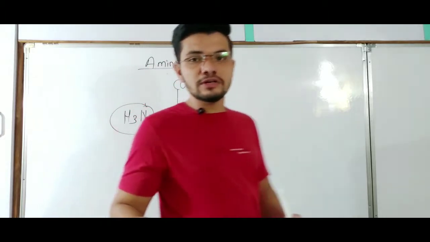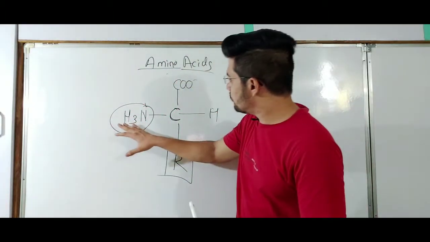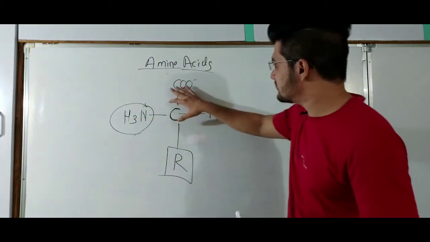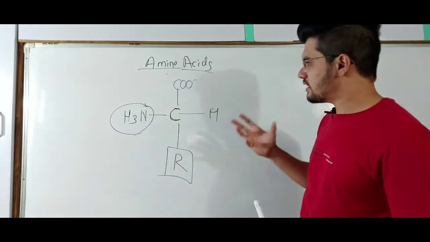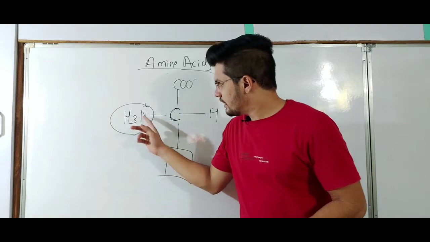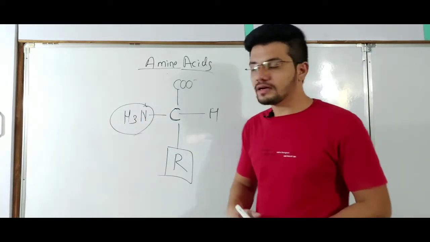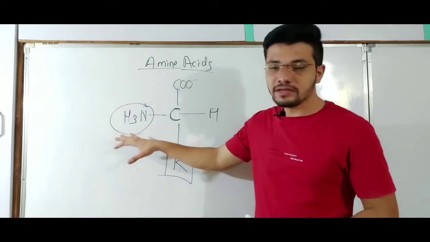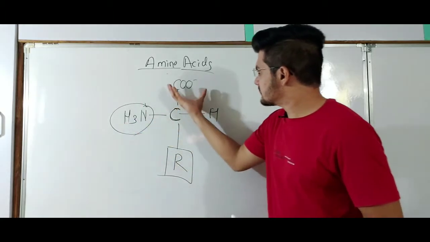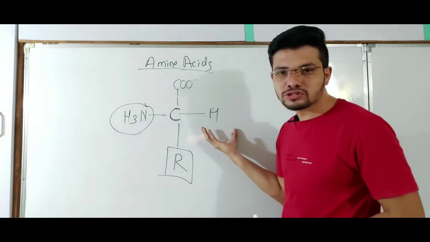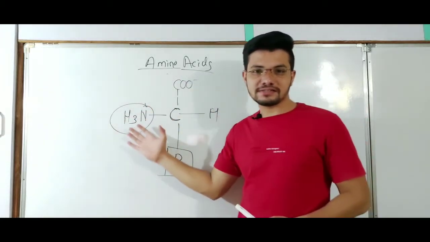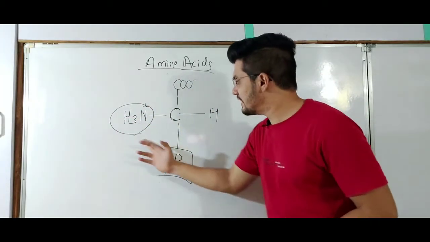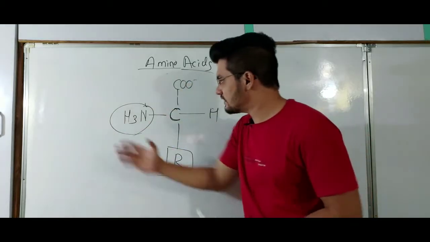So these 3 components are common in every amino acid, except some amino acids like proline, where there will be NH2 instead of NH3. But this amino group, this carboxyl group and this hydrogen atom are common in every amino acid. So this skeleton is common in every amino acid.